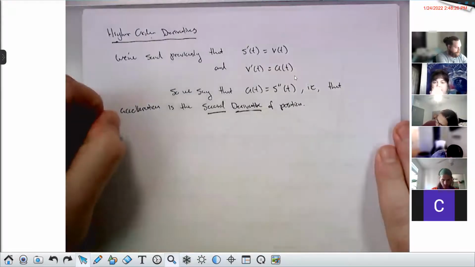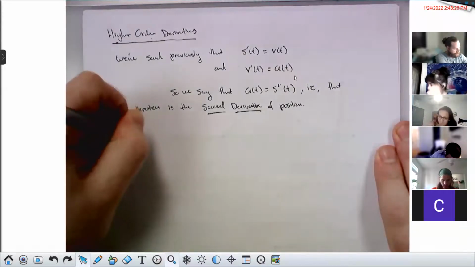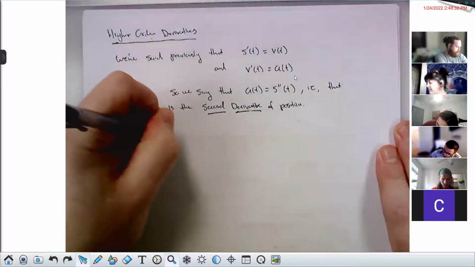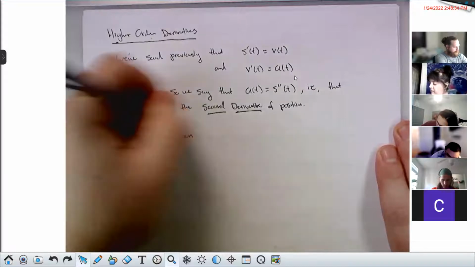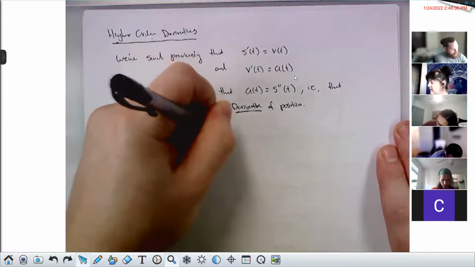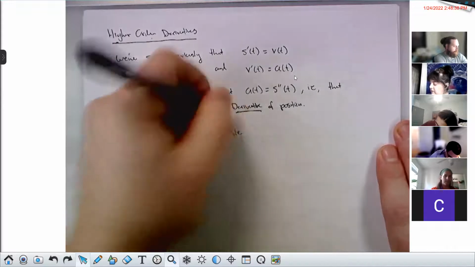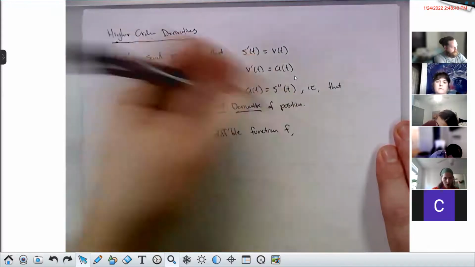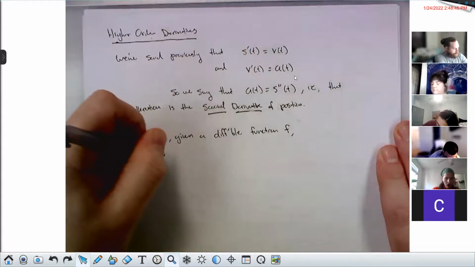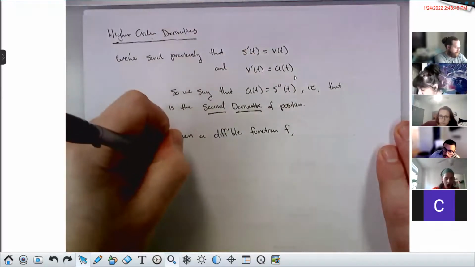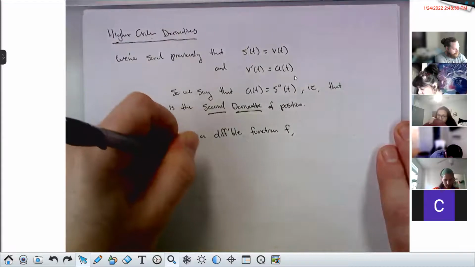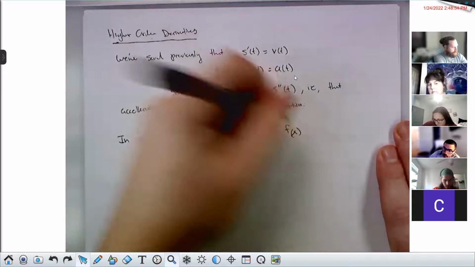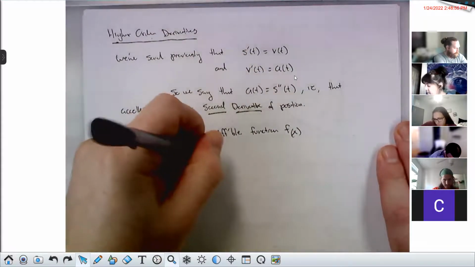In general, given a differentiable function f of x, f primed of x is the first derivative.